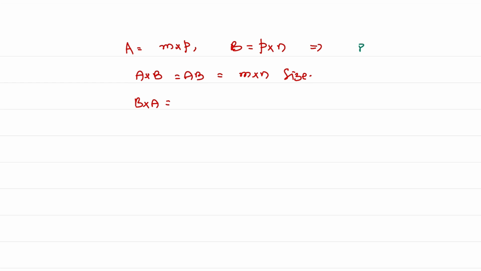The number of columns in B is not equal to the number of rows in A. Hence B into A is not possible.